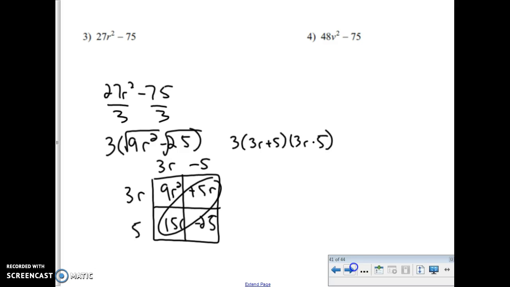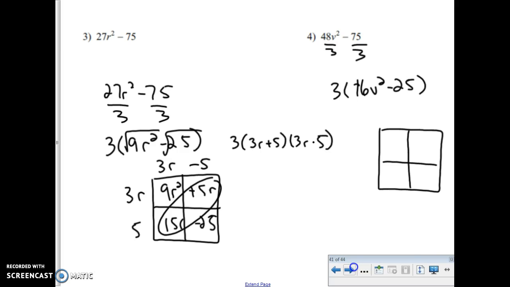And looking at this example right here, once again, I think a 3 goes into all these terms. So I have 3, and then I have 16v squared minus 25. If I just take the square root of those two terms, I think that's 4v and 5.